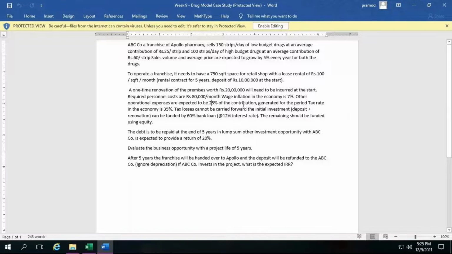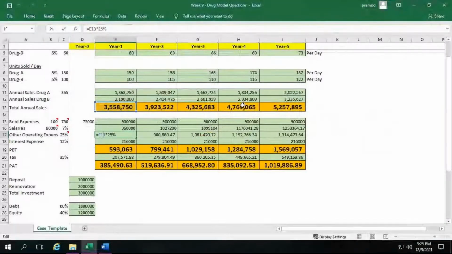So every year 25% of the operating expenditure is being contributed from the annual sales. They have told you the annual sales. So you should select annual sales into 25%, for all the 5 years.